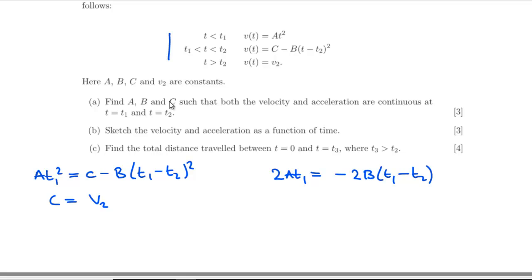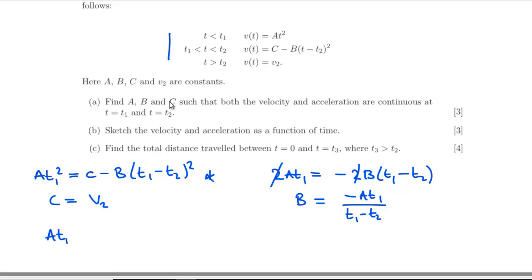Excellent. Let's start solving these, so let's eliminate b. We can say that b is equal to minus a t1 over (t1 minus t2). Sub that into this equation here.